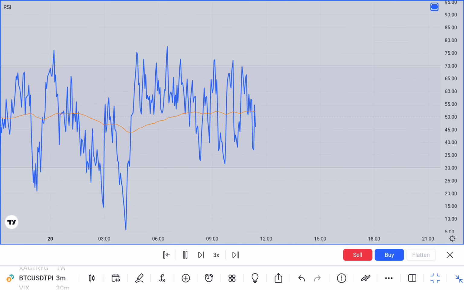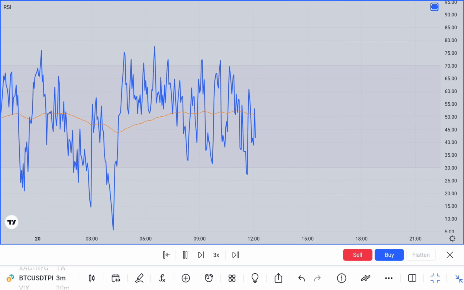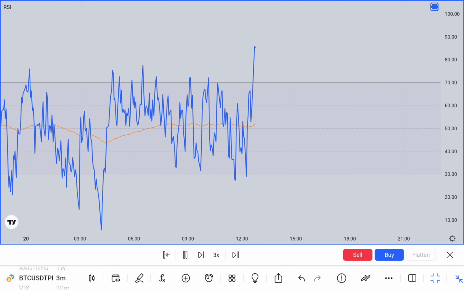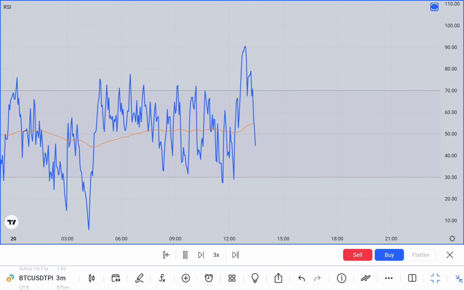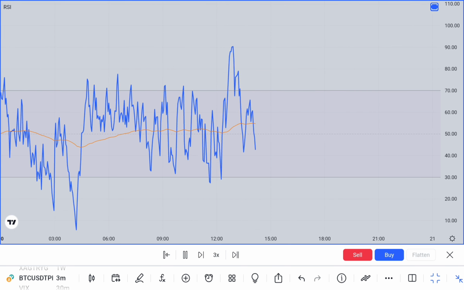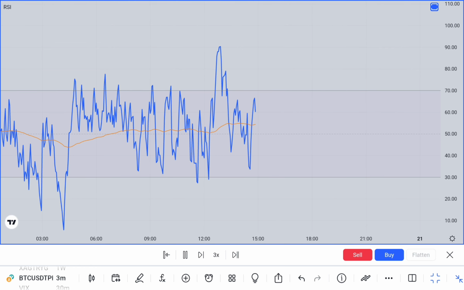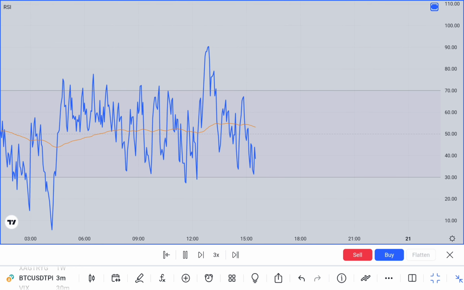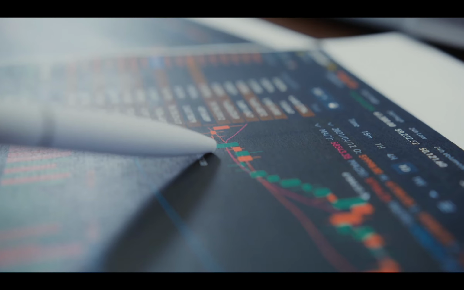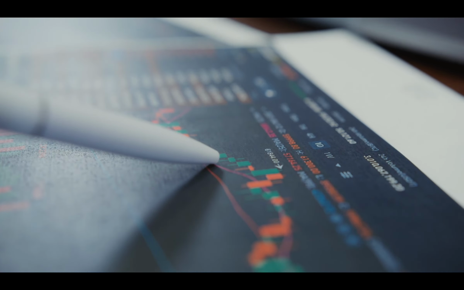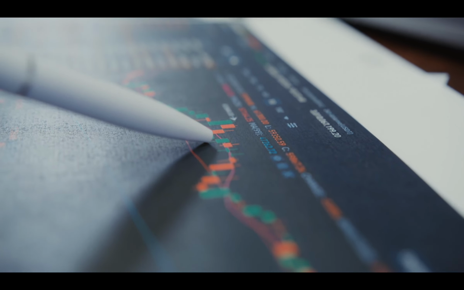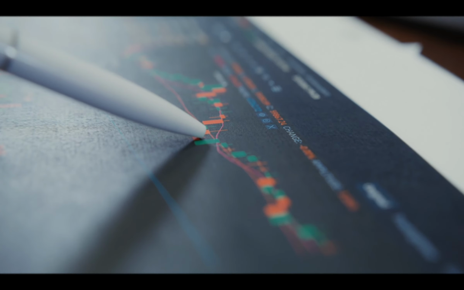When the RSI is above 70, it indicates that the asset is overbought and may be due for a price correction. Conversely, when the RSI is below 30, it indicates that the asset is oversold and may be due for a price increase. We also learned about the characteristics of our indicators. Now we can move on to our trading rules.